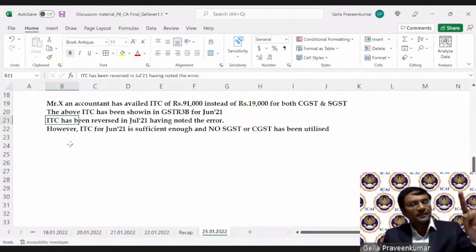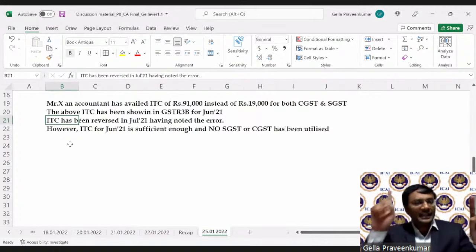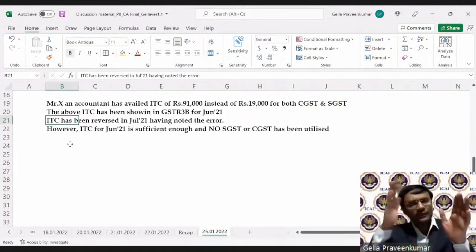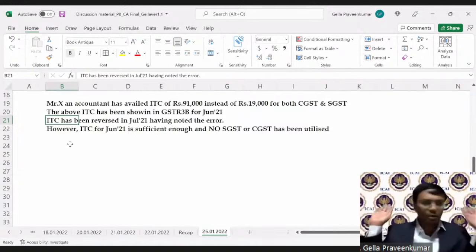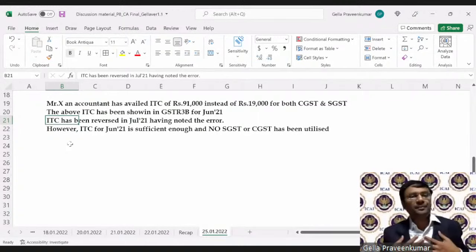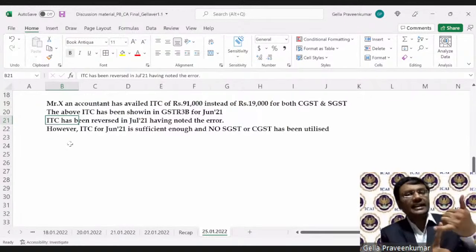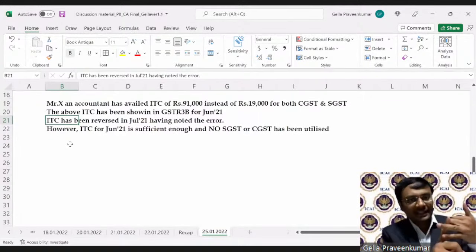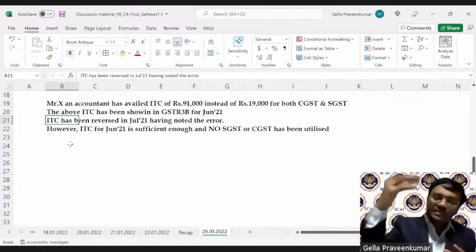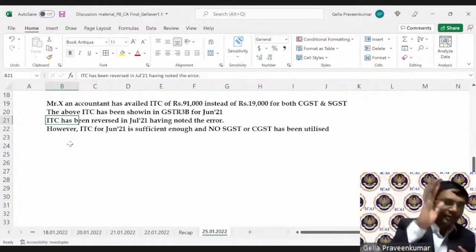Point number 1: having noted that I made a mistake, in July 21 I have reversed. There is a table for the ITC reversals I've shown there. Third point: in the month of June 21, when I filed my return, I never touched that 19,000. I never touched that 91,000. That means whatever output tax I had to pay, I had sufficient balance in IGST. I have paid through that.